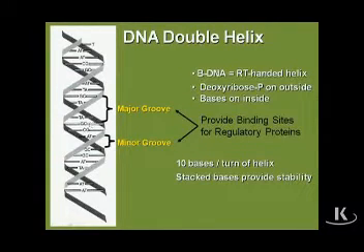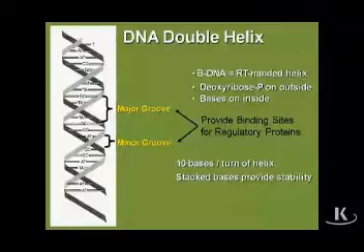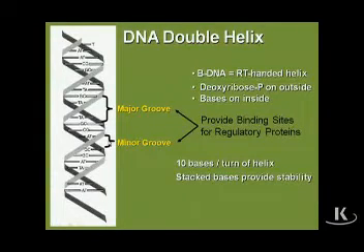Because DNA forms a double helix, this gives an additional structural motif to the molecule, so that you can see that the DNA is divided up into a major groove and a minor groove. This doesn't have too much relevance for your studies, other than for you to understand that certain drugs, certain DNA molecules are going to bind to either the major or the minor groove, and that's going to give them access to the DNA to perhaps intercalate or interrupt the DNA structure.